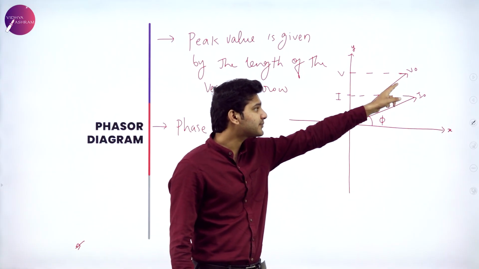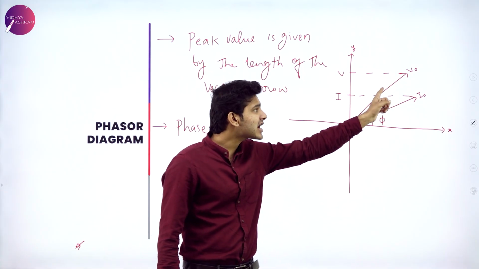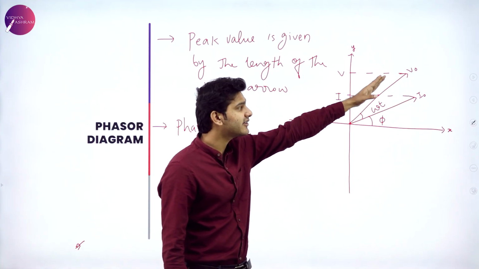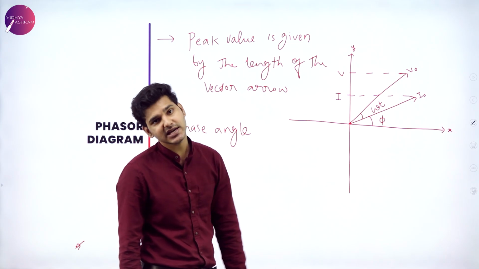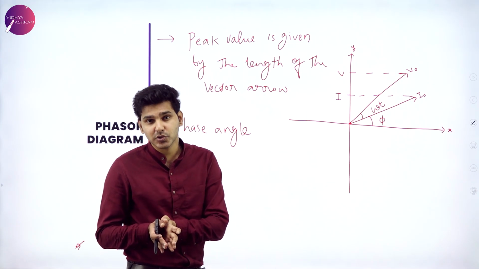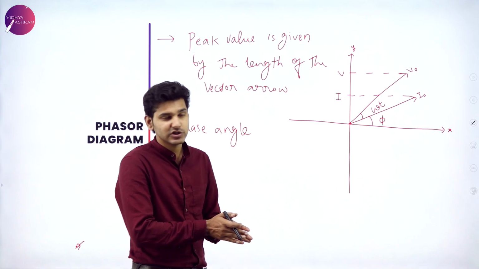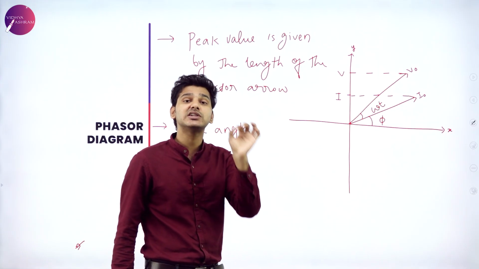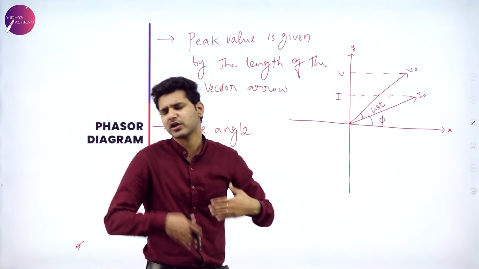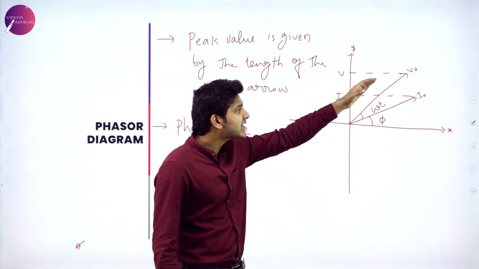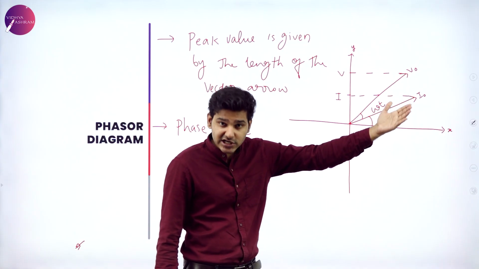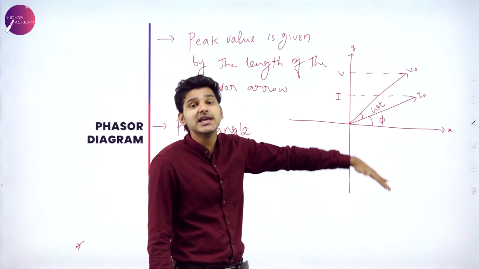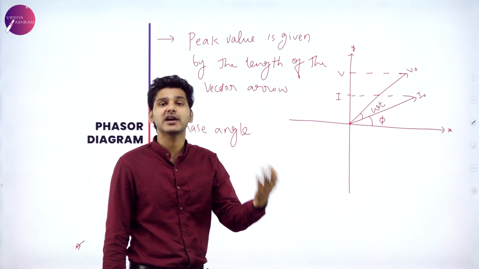Now voltage and current are differing by an angle of omega t. That angle is known as phase difference. So current and voltage are at a phase difference of omega t, or in other words, voltage is leading current by omega t, or current is lagging behind voltage by omega t.